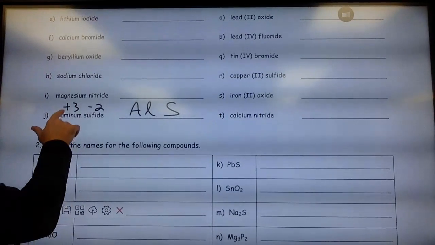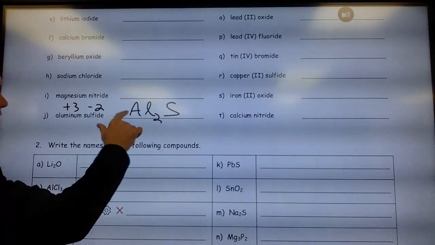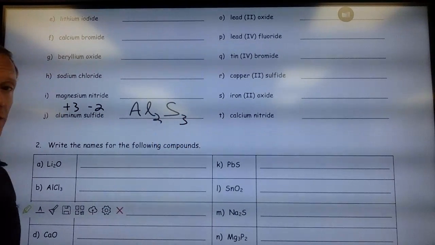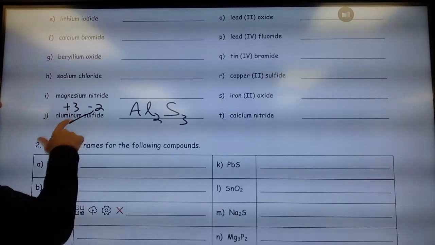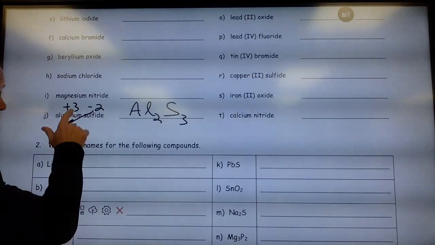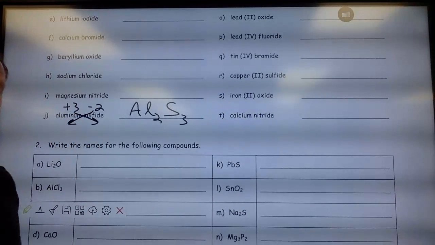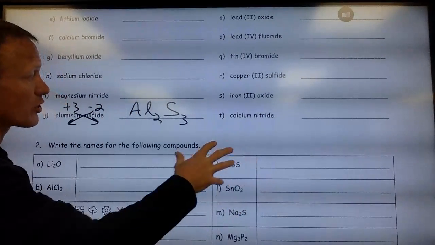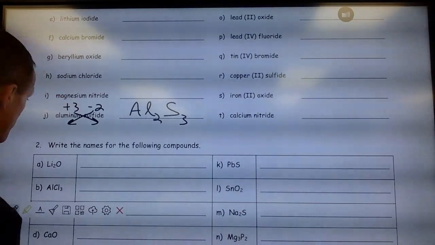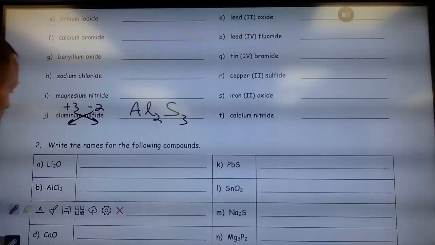Aluminum is going to get doubled, and sulfur is going to get tripled. Really, whenever we do these, we're just flipping the charges. This 2 means I need 2 atoms of aluminum. This 3 means I need 3 atoms of sulfur. That will equal out the charges. So the aluminums are giving away 6 total electrons, and the sulfurs are gaining 6 total electrons, 2 per sulfur atom.